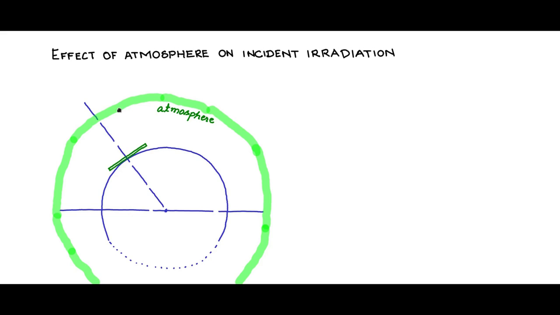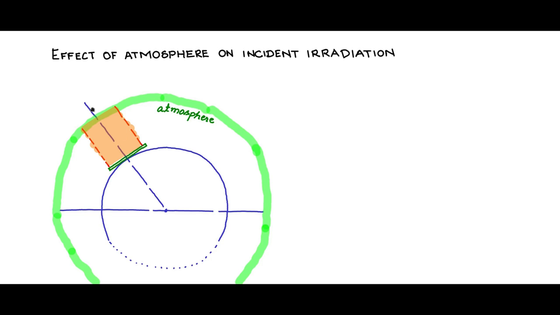Now there is a vertical column of air mass, and this is what is causing an attenuating filter for this flat plate collector.